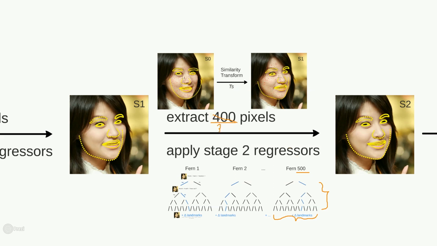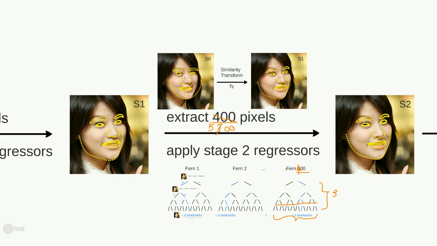Let's say we have 300. Or maybe we want 500. It's all up to you to choose these numbers. Or let's say we want 400 ferns. And for each fern, we only need 3 stages. So if there are only 3 stages, then there will only be 8 leaves here. All these can be set by the user in the training stage.